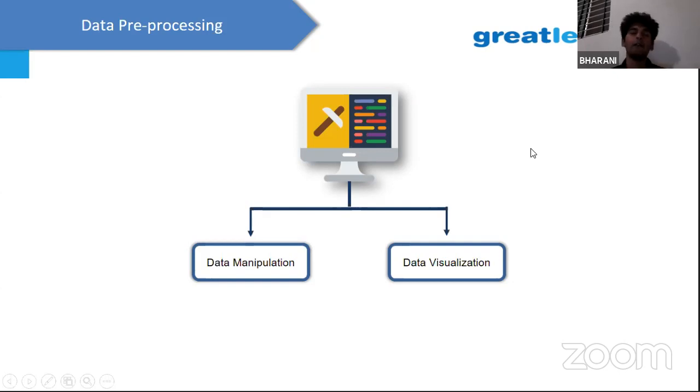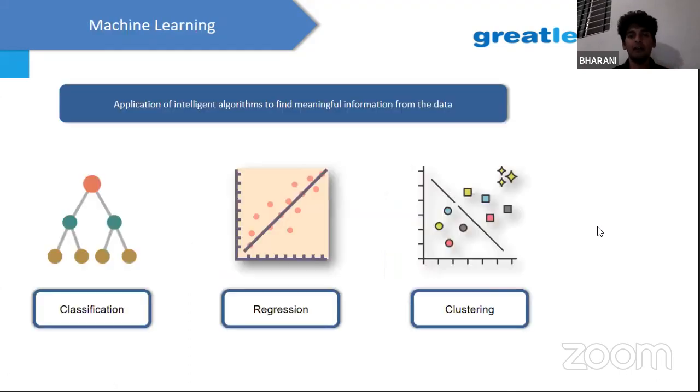Instead of that, if you actually present some bar plots, box plots, or scatter plots which are based on this data, wouldn't that be very easy for everyone to understand what is actually present in that data, right? So this is where data visualization comes in. In data visualization, you create different sorts of plots so that you can draw inferences from the existing data. So these are the 2 important components of data pre-processing: manipulation and visualization.